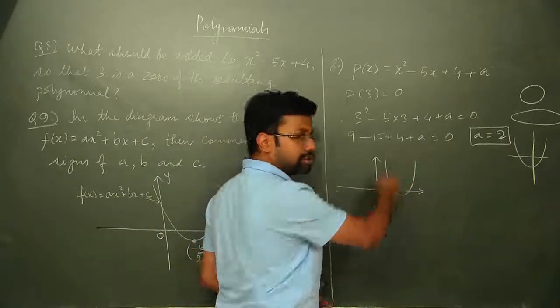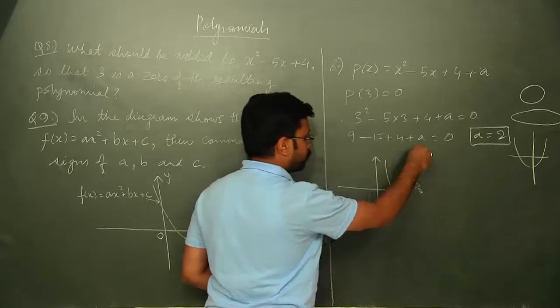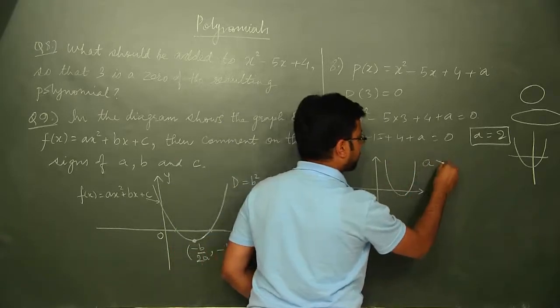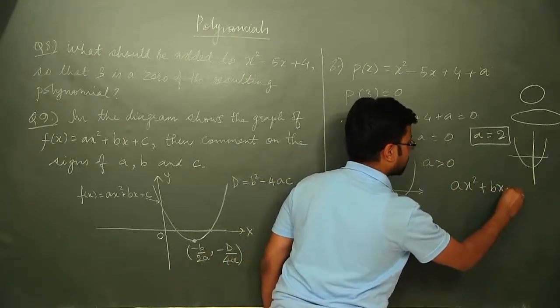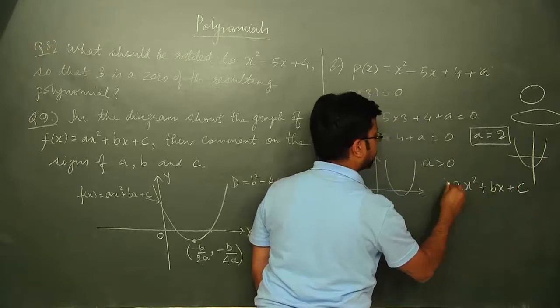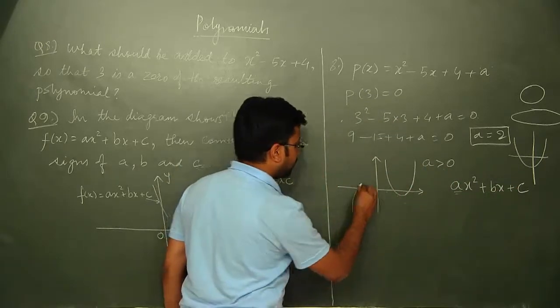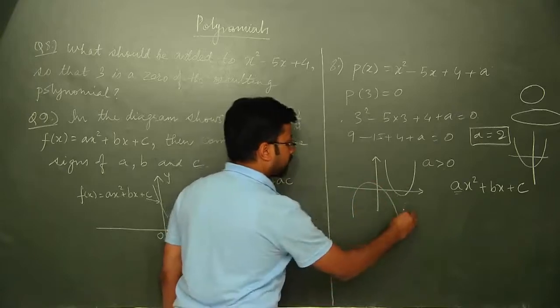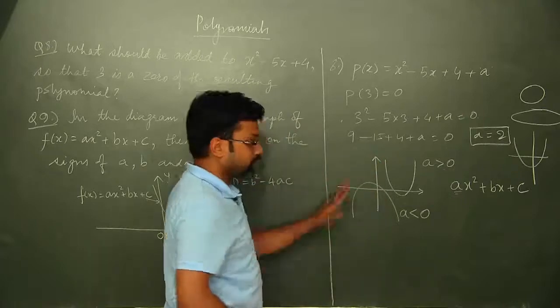So this is going to be the graph, and the graph is shaped U if a is greater than 0. If in the polynomial ax square plus bx plus c, a is greater than 0, then the graph will always be shaped upwards, and if a is less than 0, then the graph is always shaped inverted U. So this you have to remember.